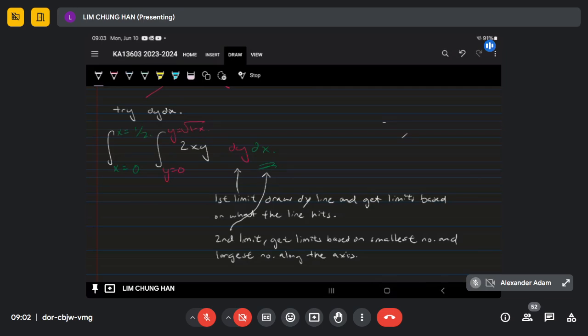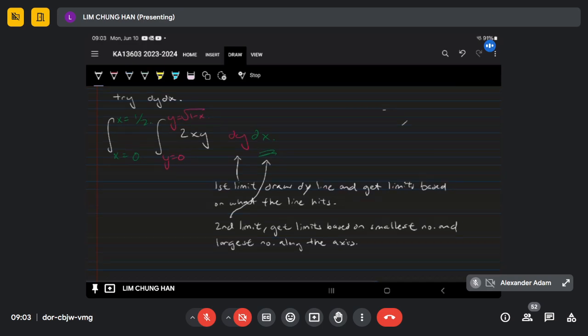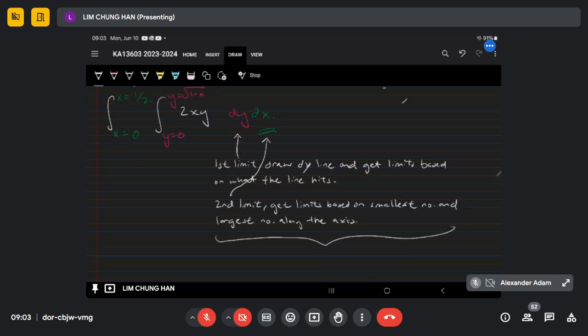So this is the rule. For the first limit, you do it based on what the line hits. For the second limit, you just go with the smallest number and largest number. This is rule number 1.